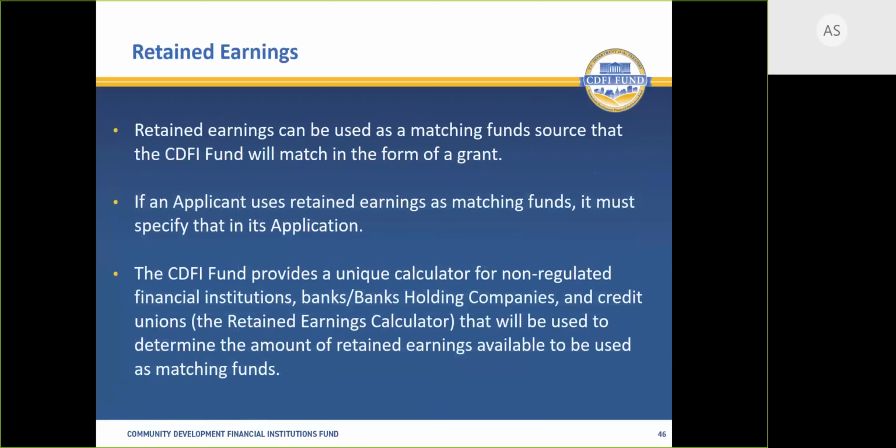In the next couple of slides, we're going to cover the retained earnings. So retained earnings will be matched in the form of a grant. And if you use retained earnings as matching funds, you must specify this in your application. We also provide a unique calculator depending on the type of financial institution that you are.